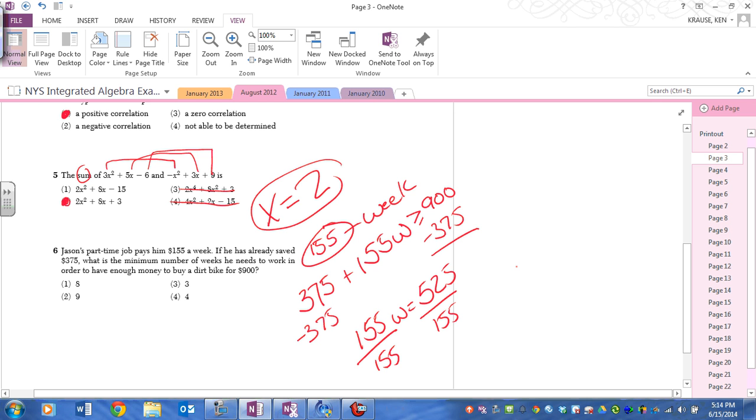All right, well, I'll do my calculator. 525 divided by 155 equals. So you get W equals 3.38. Well, obviously then 3 is not enough weeks, so he has to go to the 4th week in order to make enough money for this.